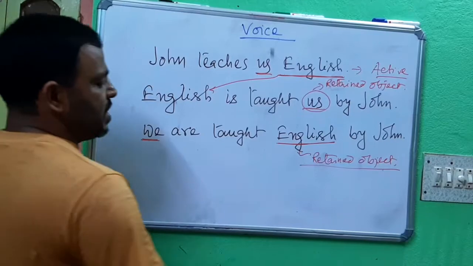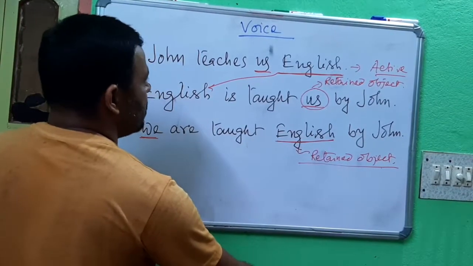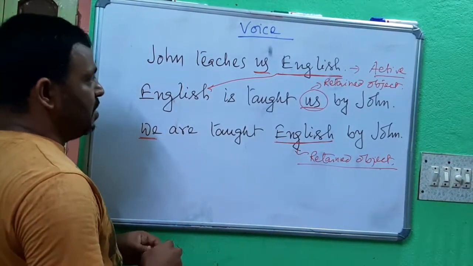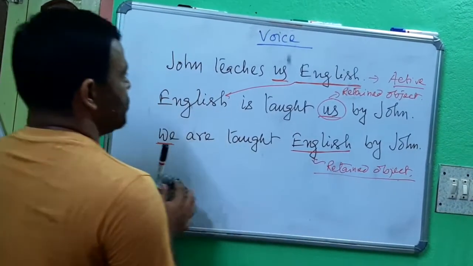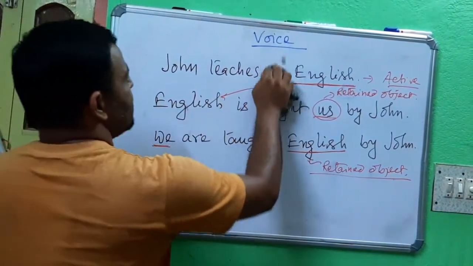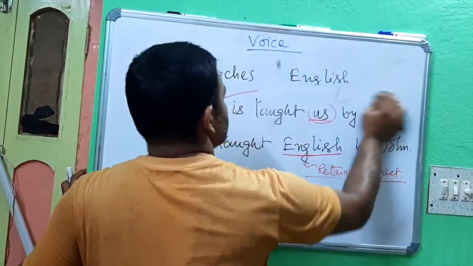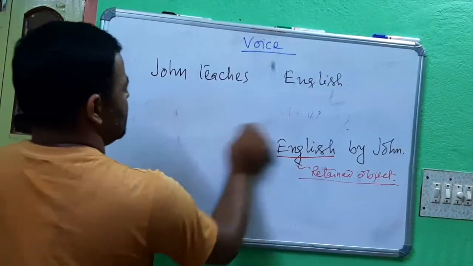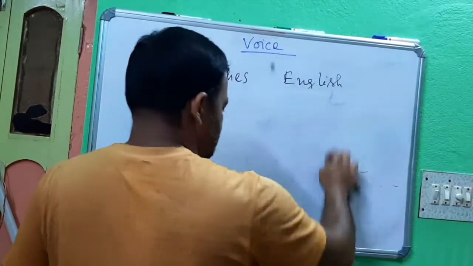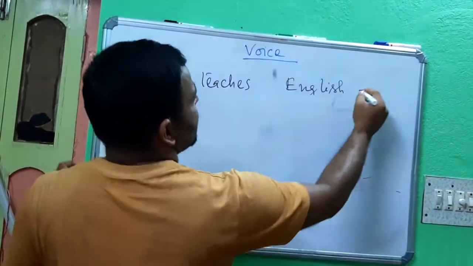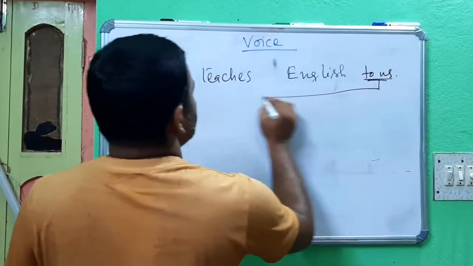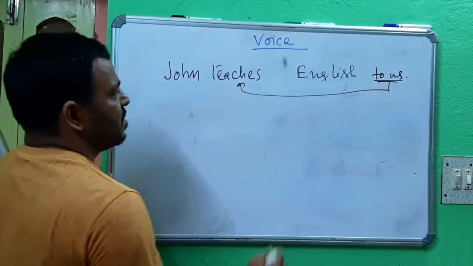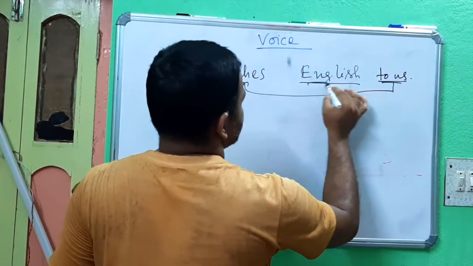But there is a complication that you will generally face in a sentence like: John teaches English to us. Here, us is not the object of the verb teach. The object is English.